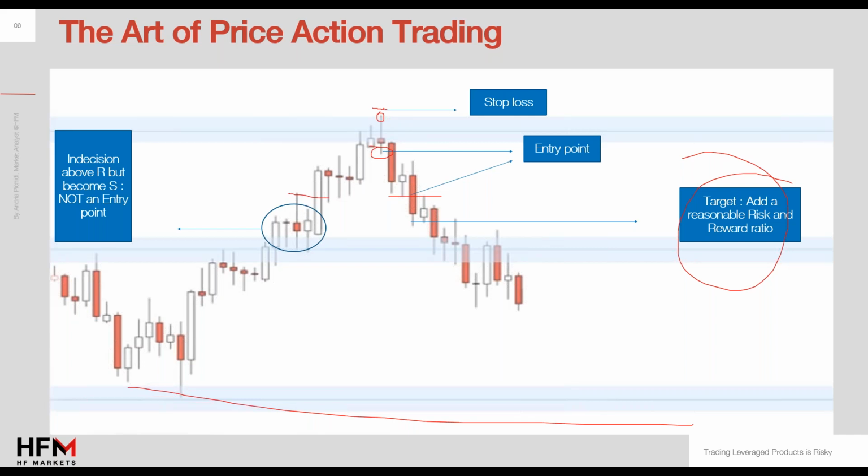So it's not only to put your stop loss behind your support or resistance level, but preferably behind your latest peak if you are about to go short, or below your latest bottom if you are about to go long. Okay, or use your risk and reward ratio. Is that clear?